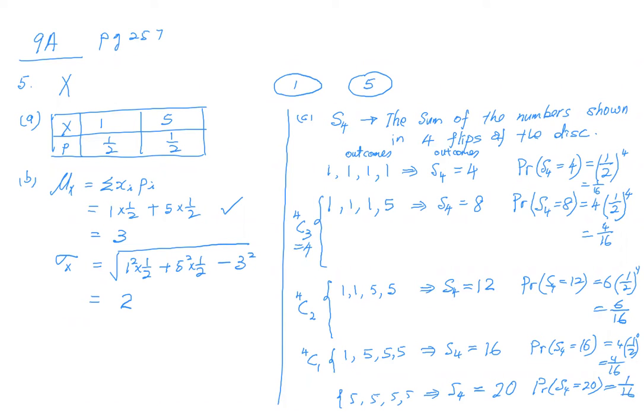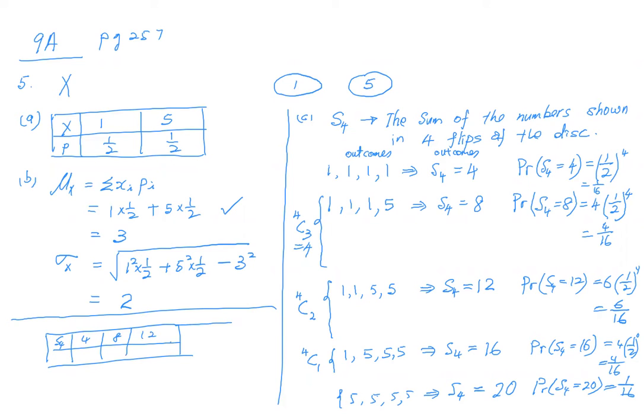So if from here I build the probability distribution table for S4, it will start from 4, 8, 12, 16, and 20.